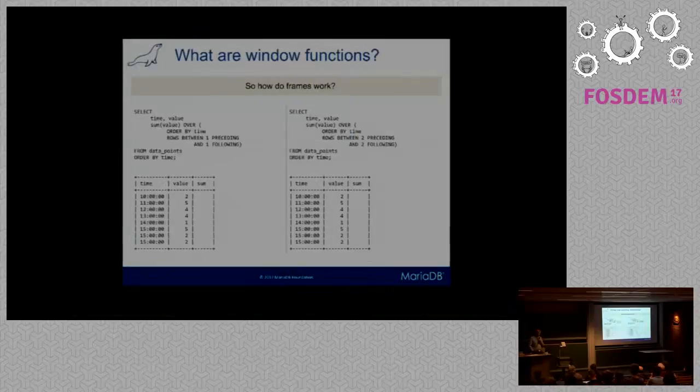If I go through step by step how this frame moves, I've taken the previous example and replaced average with sum just so that I don't have to divide everything by a certain number. But the idea is the same. So on the left, we sum 3 rows, the previous, the current, and the next row.